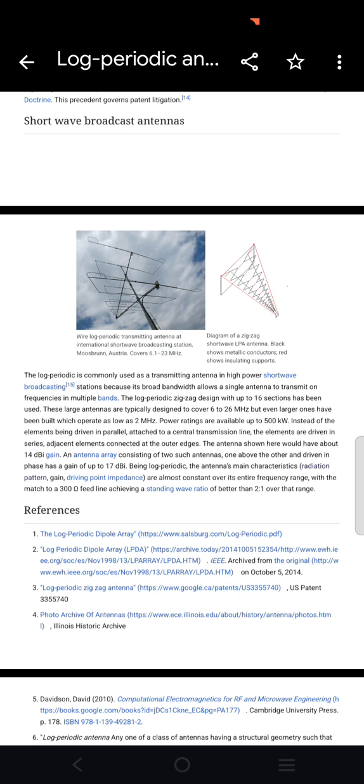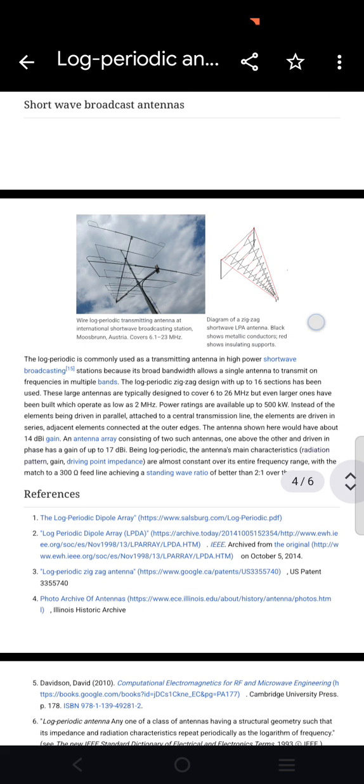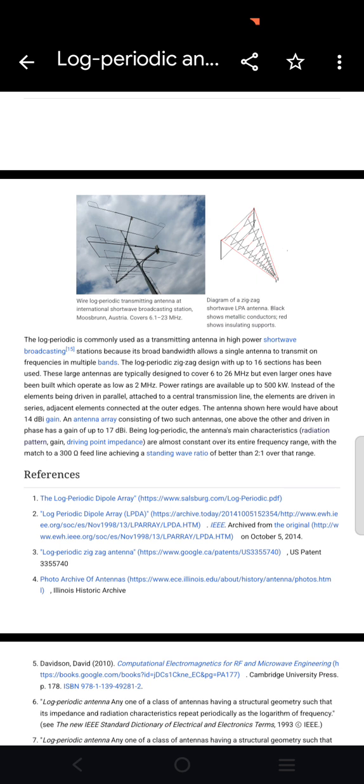The second image shows a schematic diagram of zigzag shortwave LPA antennas. Black color shows metallic conductors in this diagram. Red color shows insulating supports.